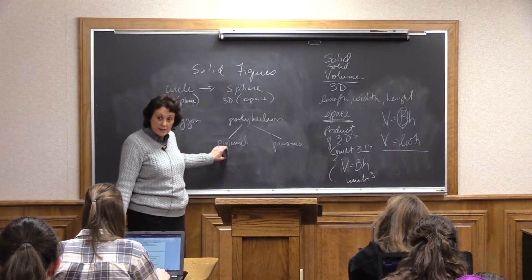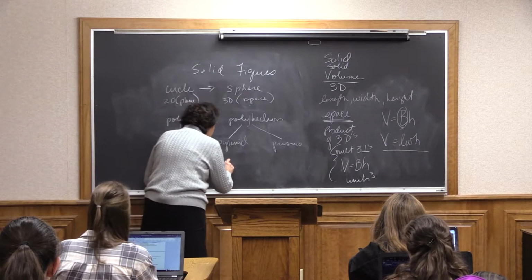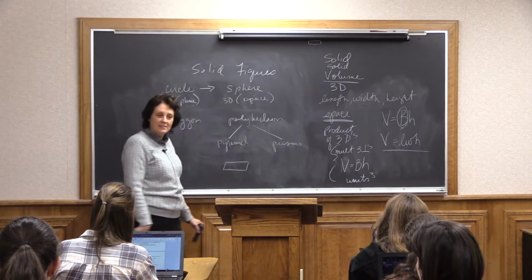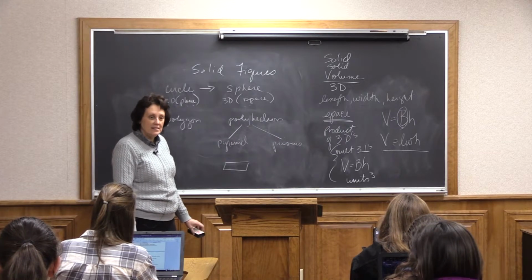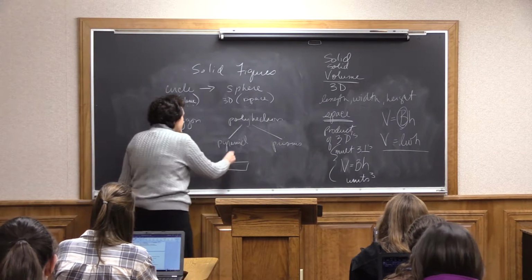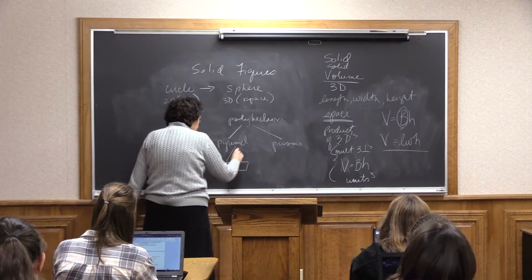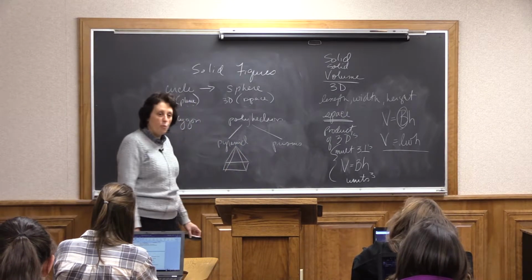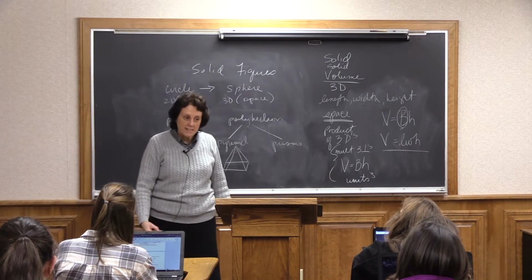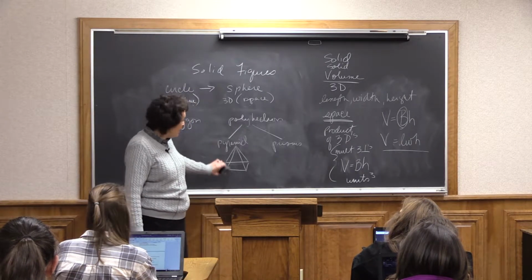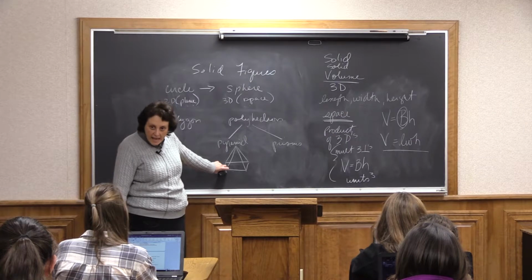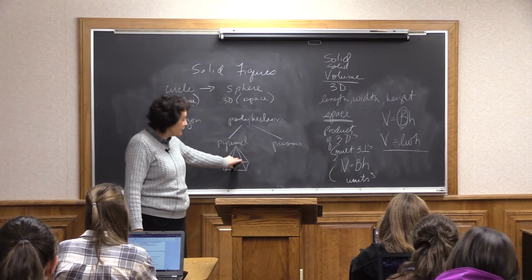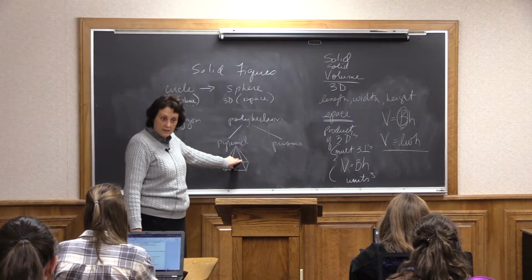A pyramid has one base, and then the three-dimensional point. So if it has one base, it's classified as a pyramid. This is a rectangular pyramid because its base is a rectangle.